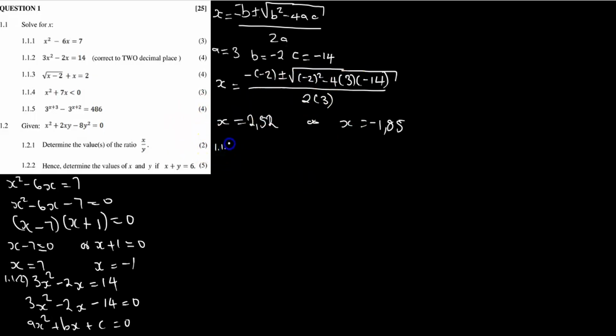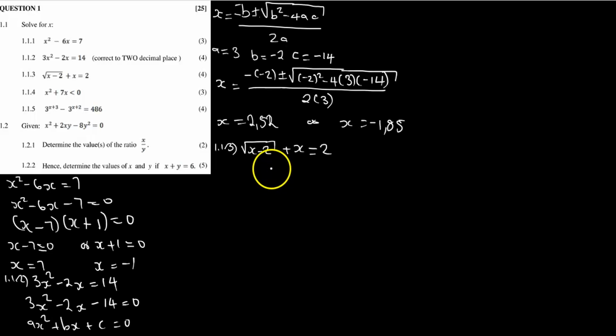1.1.3 says to us the square root of x minus 2 plus x gives us 2. So the moment you see a square root like this that has 2 terms and one of the terms is the variable, then you know that you're supposed to square both sides of the equation, and then from there one of the answers usually doesn't satisfy the original equation.